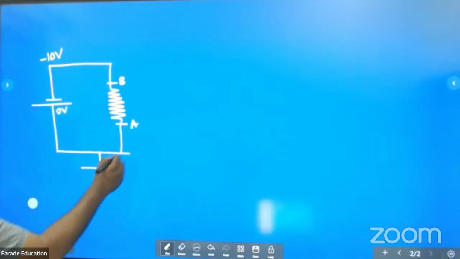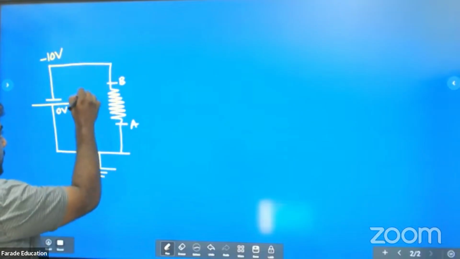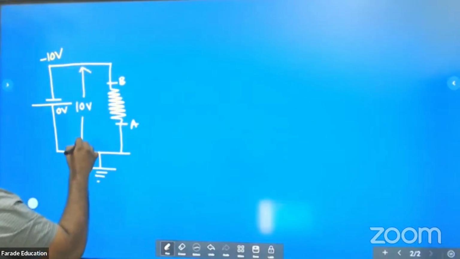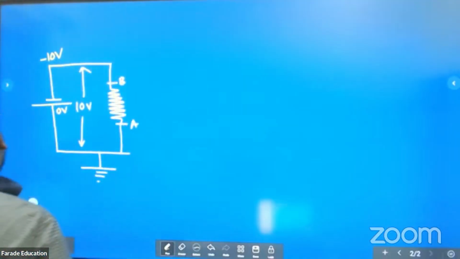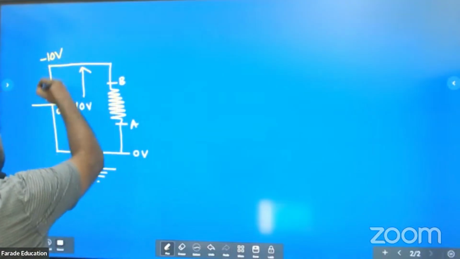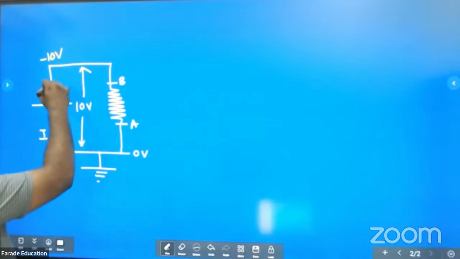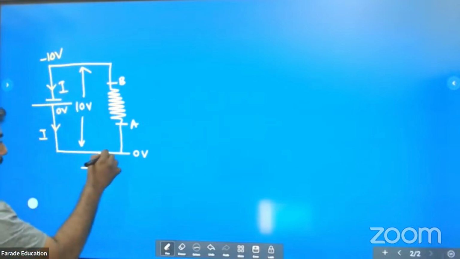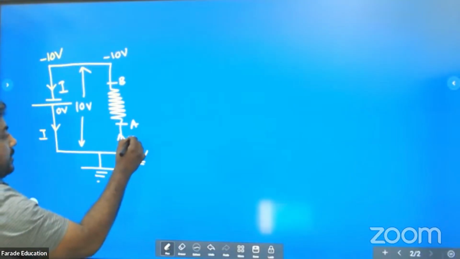Potential difference here, 0 minus 10. Potential difference is going to be 10 volt. If you take 0 volt, high potential to low potential current will travel. 0 volt is high potential. Minus 10 volt is low potential. High to low current will travel.